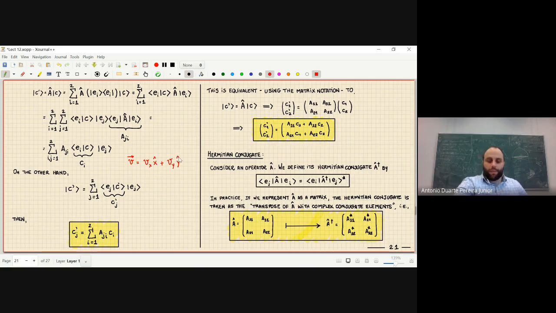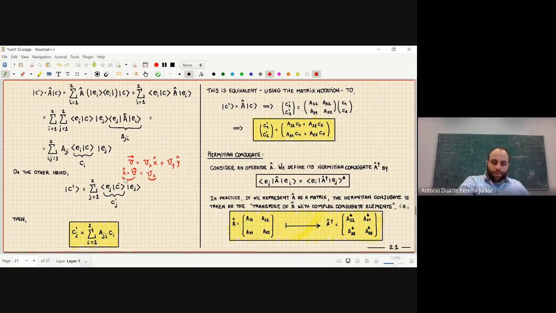If I take now the scalar product of this vector with x hat, this will give me x hat times x hat, which is 1, so this will be V_x, and x hat times y hat, which is 0, because they are orthogonal. So I'm just checking that V_x, the component of V in the direction x, is nothing but the scalar product between x hat and the vector V.